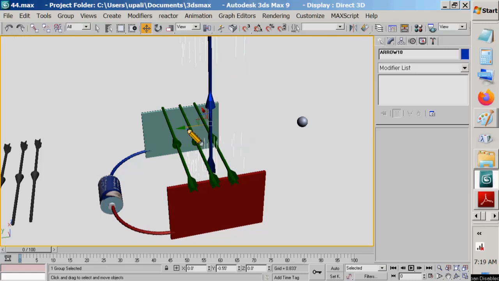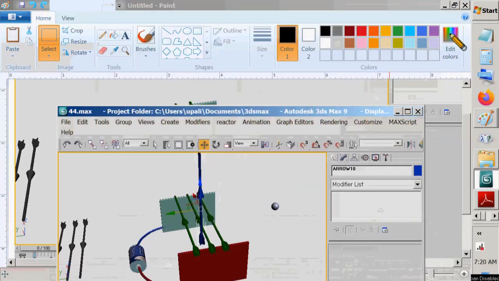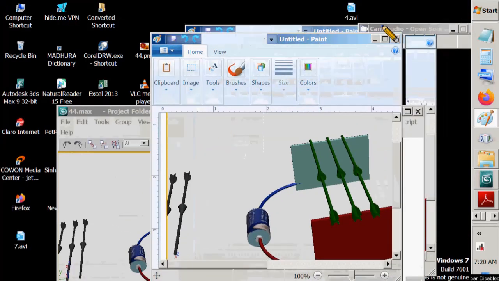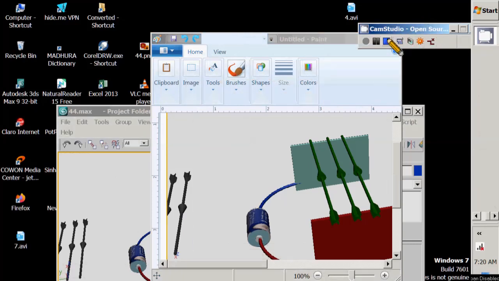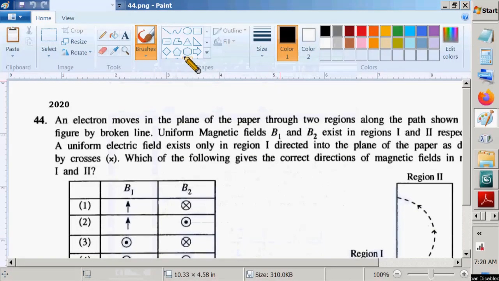So finally we know the magnetic flux lines, the magnetic flux is upwards. So in the question we can choose that answer. Therefore the answers, this 2 and 1 are correct for region 1.